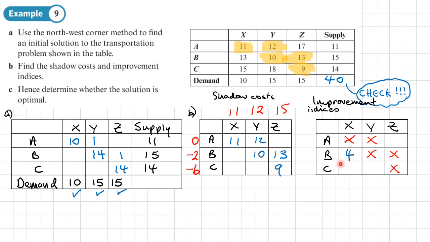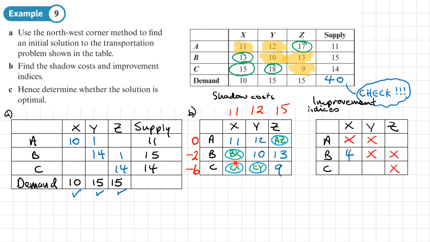The improvement index for this cell here, CX, 15. So CX is here. Let's actually put some circles in so I don't miss them out. And we'll just write down BX, CX, CY, AZ. I'll highlight them here as well so I don't miss anything out. So the improvement index for CX is going to be 15 minus 11 minus -6.